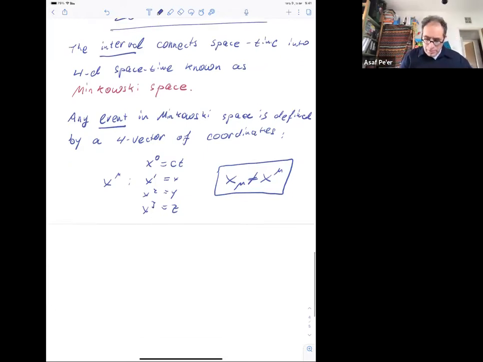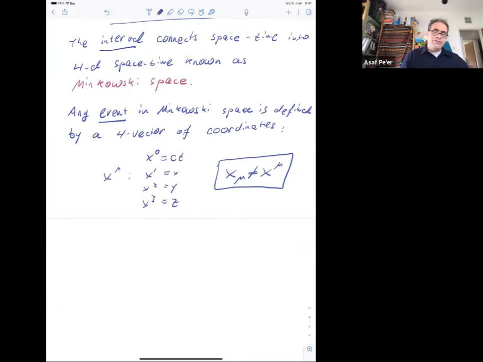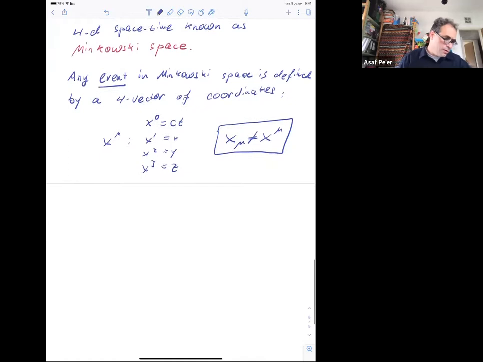Now, if we need to refer to only the space part, but not to the temporal part, this is something which we will do when we discuss cosmology, then rather than a Greek letter, we will describe it with a Latin letter.